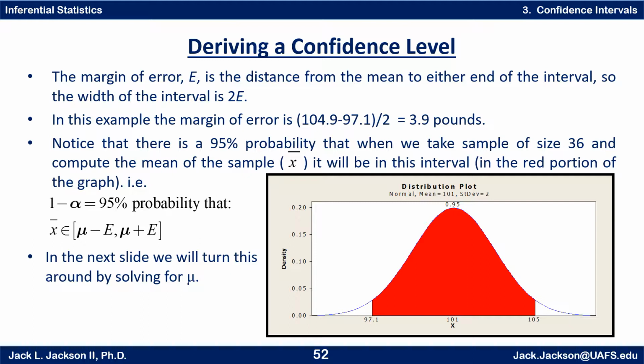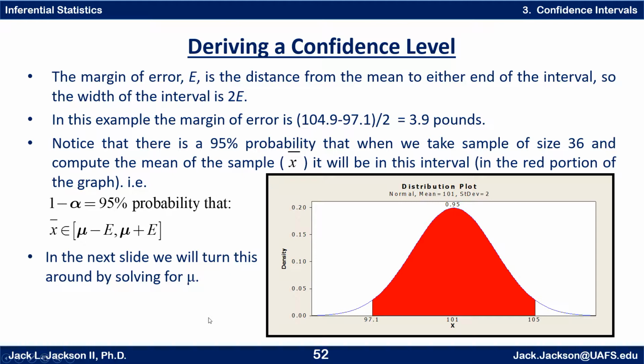So notice that there is a 95% probability that when we take a sample of size 36 and compute the mean of the sample, x bar, that x bar will be in this interval, the red portion, between this lower point and this upper point, in this red region. So there's a 95%, that is 1 minus alpha, probability that x bar will be in that interval from mu minus e to mu plus e.